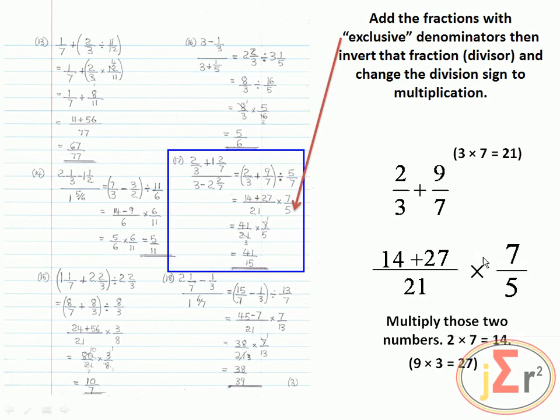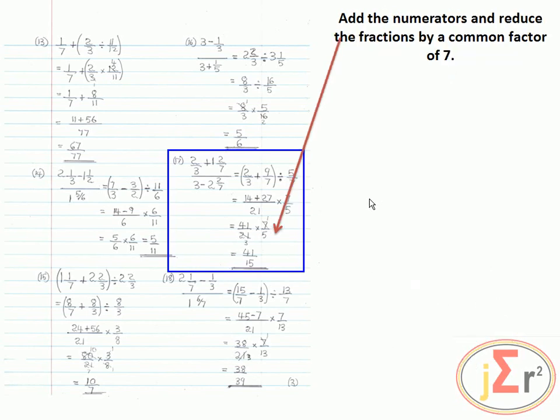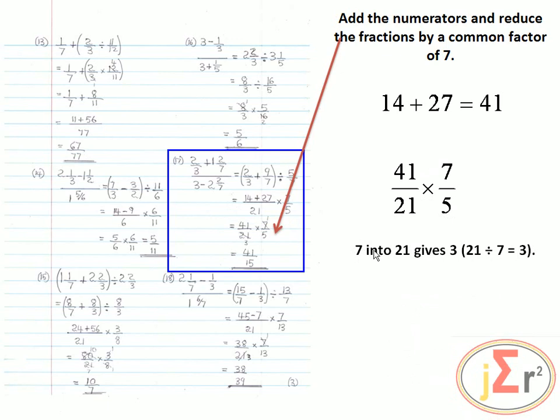Right. So we need to add the numerators, and reduce the fractions by a common factor of 7. So 14 plus 27 is 41, and that we put over 21. Then we reduce the fractions by a common factor of 7. 7 into 21 gives 3, and 7 into 7 is 1.